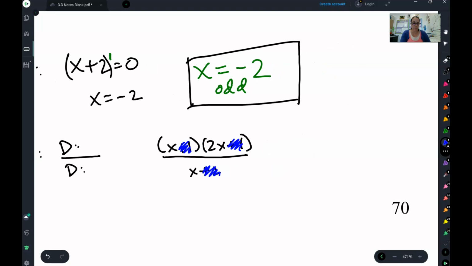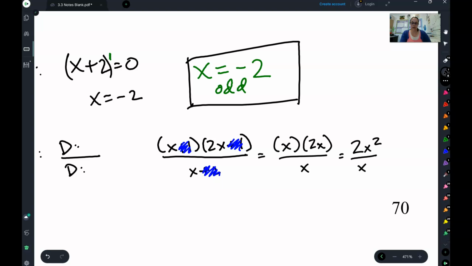Basically, just keep your leading terms of each factor and multiply those together. So this gives me 2x squared on top and an x on bottom. So this is a degree of 2 on top, that exponent of 2, and a degree 1 on bottom.